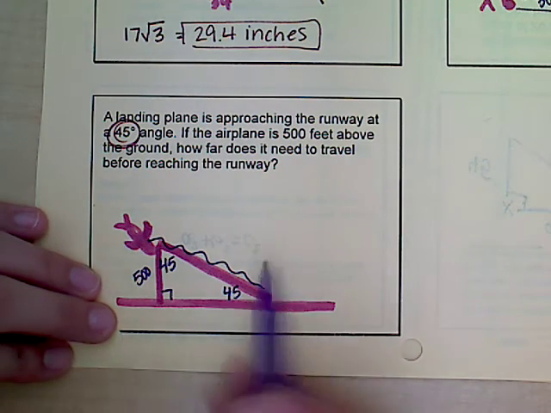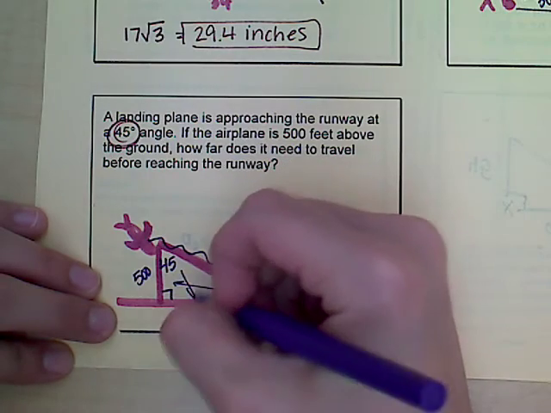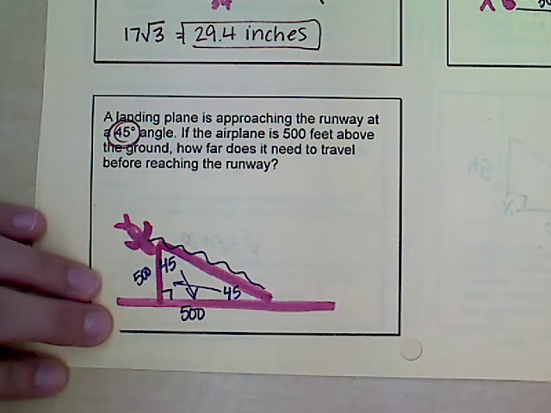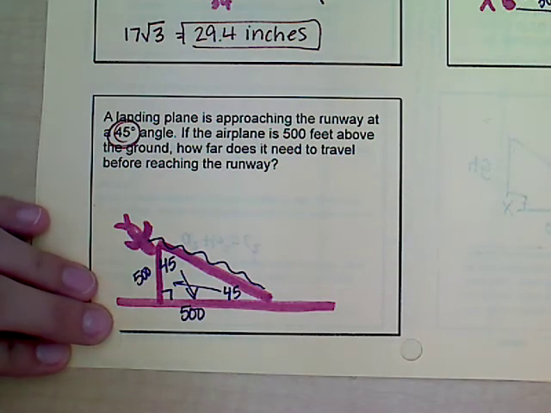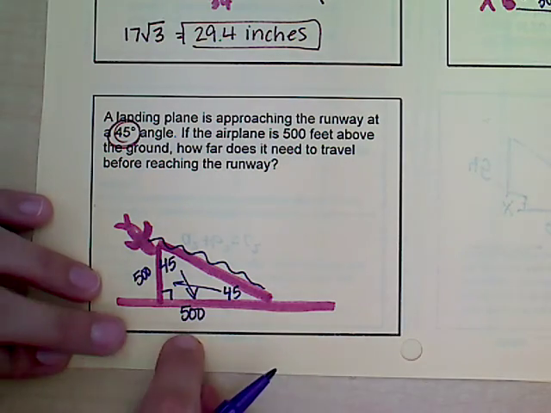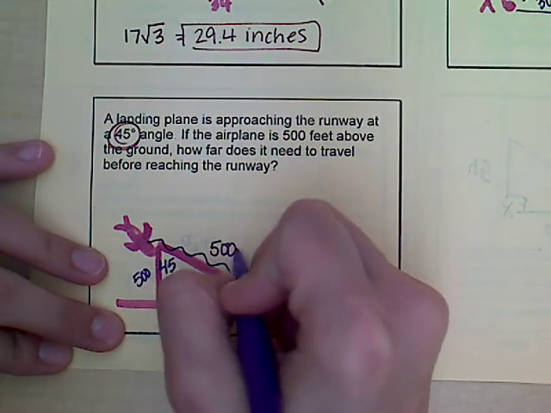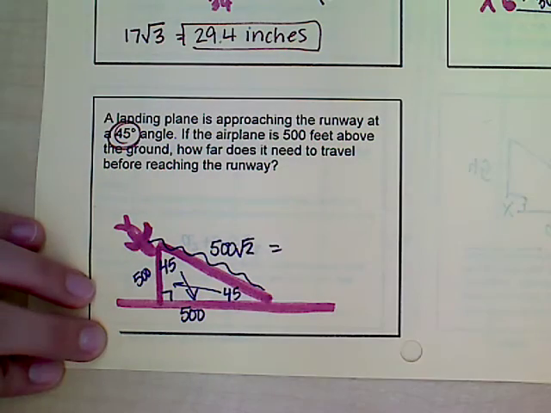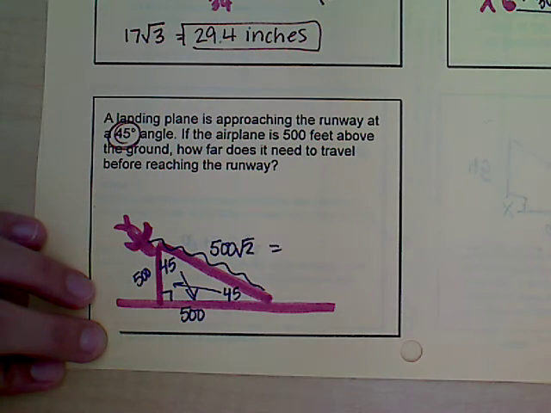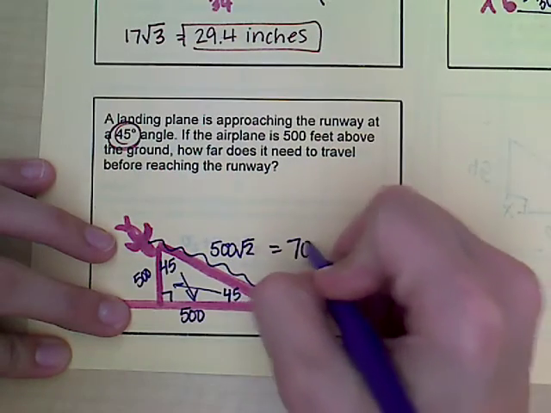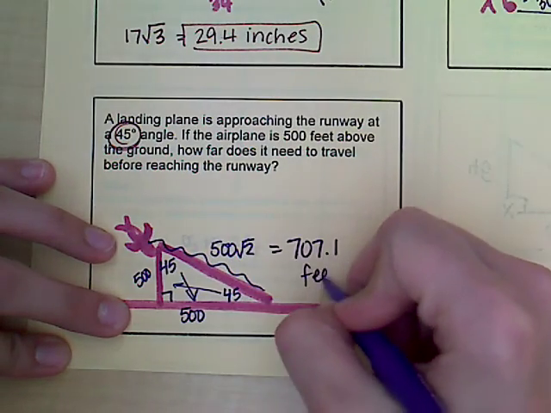So remember both my legs are the same, so I know these are both 500, and I need to figure out the hypotenuse. If my legs are 500, my hypotenuse is 500 root 2 because of my 45, 45, 90 rules. So if I take 500 root 2 and put it in my calculator, I get 707.1 feet.